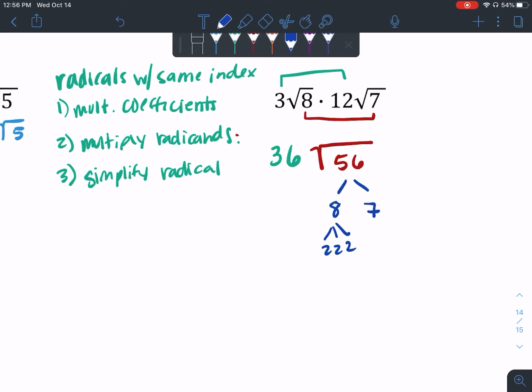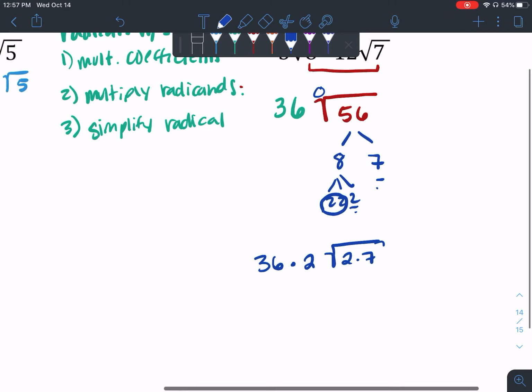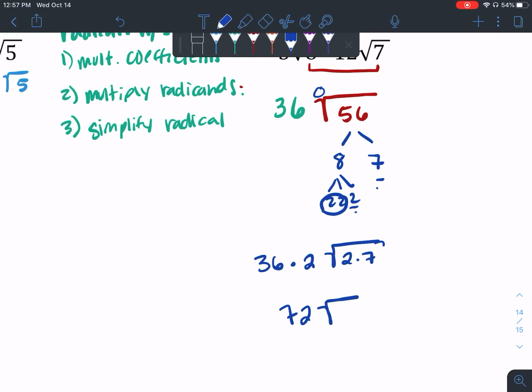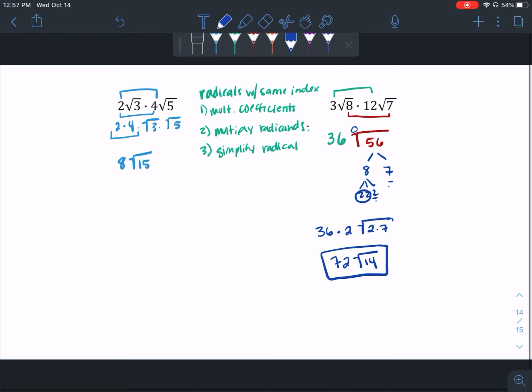My index is 2, so I'm looking for things I can pair twice, which brings it out to the front with that 36. So 36 times 2, I'm going to keep my radical. What's left over is 2 times 7. So my final answer here then would be 36 times 2, which is 72, times the square root of 2 times 7, which is 14. And there you have it, some very basic operations with radicals.